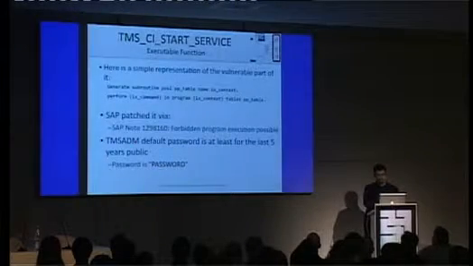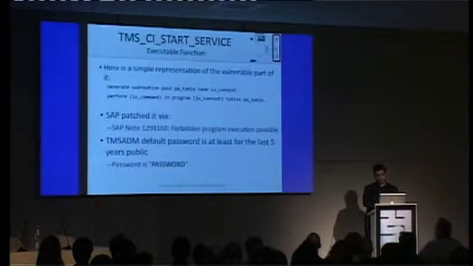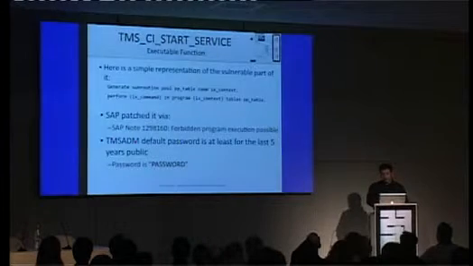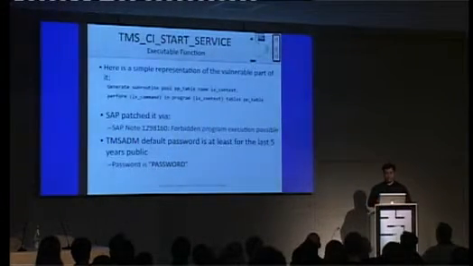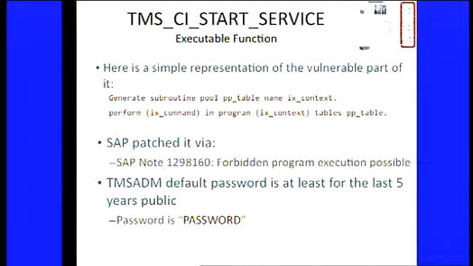But the interesting thing is that the TMSADM password for many, many years is a default password, and that password is "password". And you couldn't change it. Yes, you couldn't change it before because everything broke, but now this is fixed, and you can actually change the password, which is a great feature, of course.